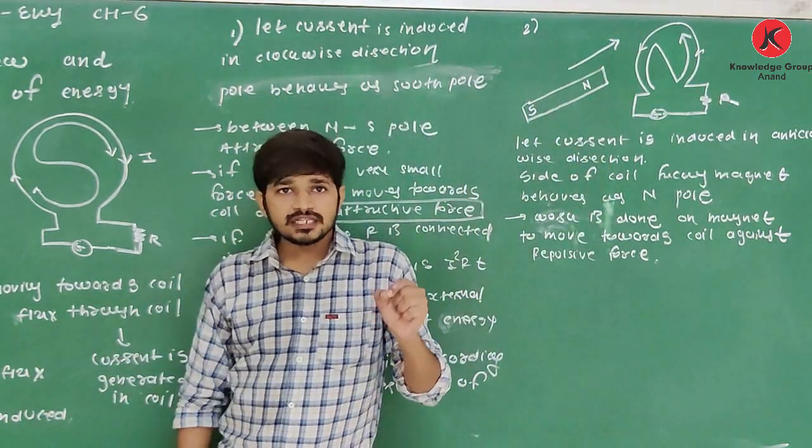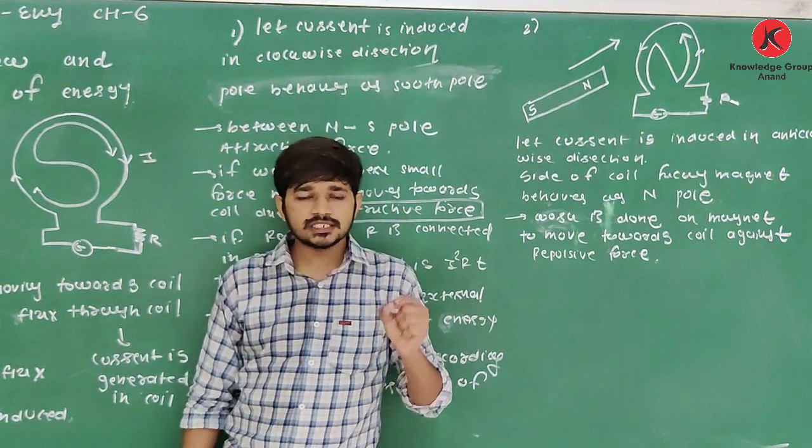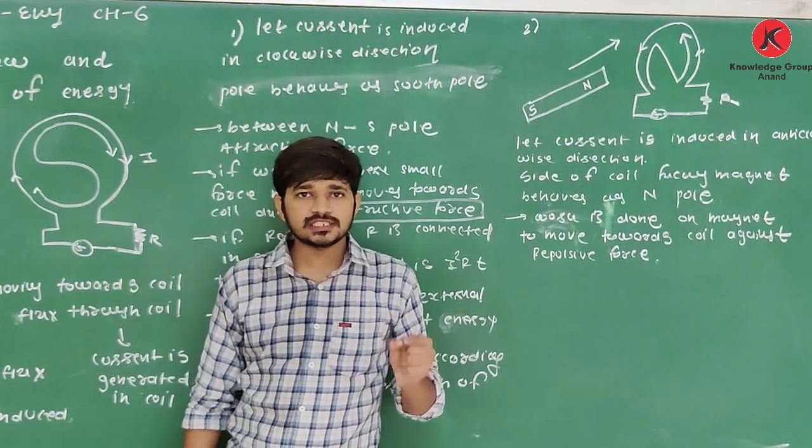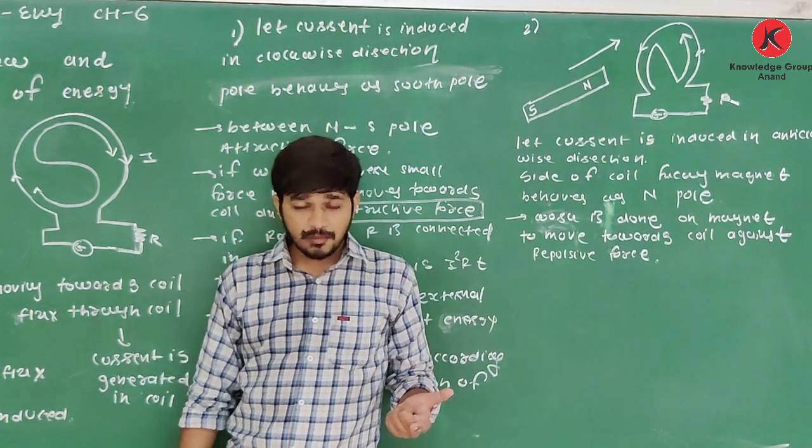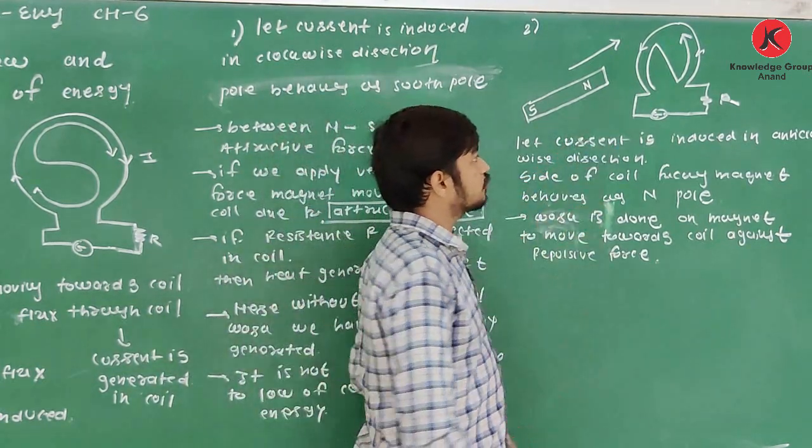Again the same flow: distance decreases, magnetic field increases, flux increases, change in flux, EMF is induced, and current is produced in this circuit.